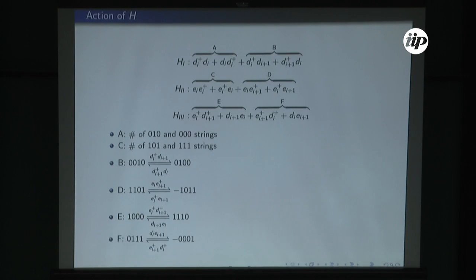And F is a very similar term: if you have a 0, 1, 1, 1 string, then two fermions can be eliminated, also with a minus sign. So actually these mixed terms are responsible for the non-conserved nature of the fermions, so you can clearly see that you can generate and annihilate fermions.